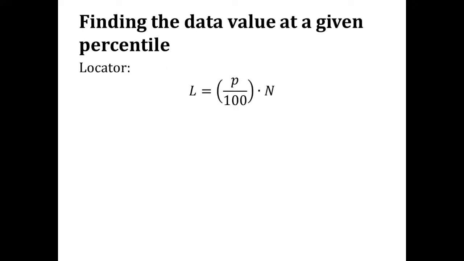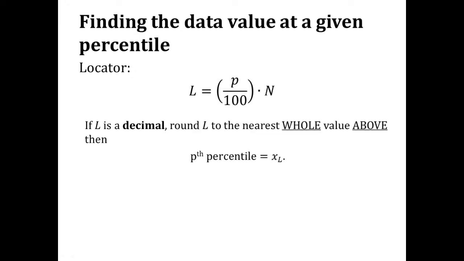And so the bottom line, after working through a couple of examples, back to a general method for finding the data value at a given percentile: the first key step has always been that we need to look for the locator, and the formula is given as indicated here. And what we have seen through our couple of examples was that when your locator L value is a decimal, then we need to round L to the nearest whole value above.